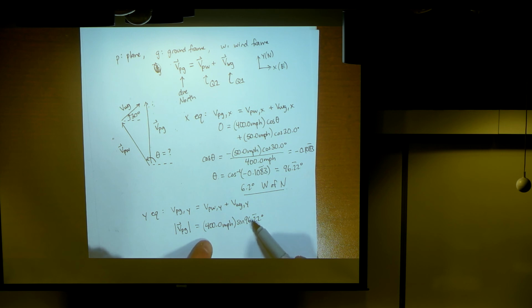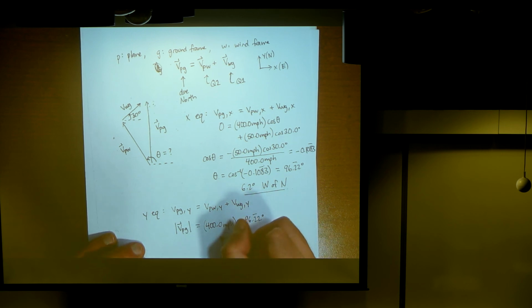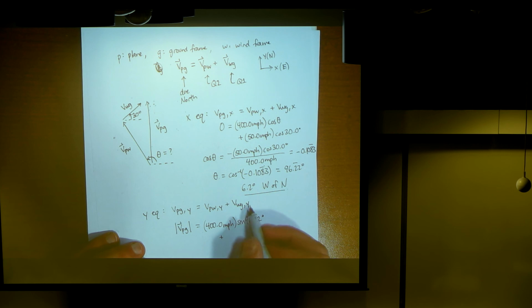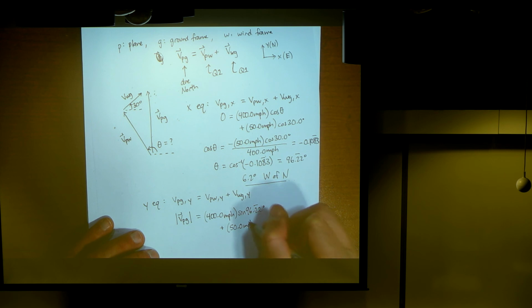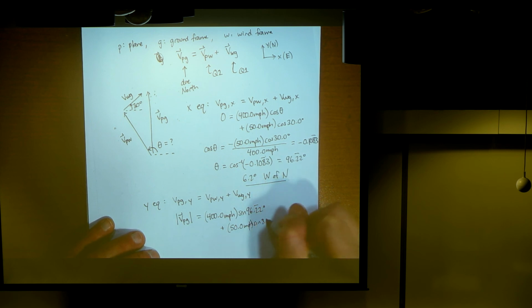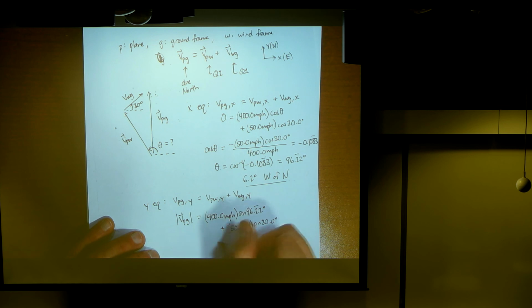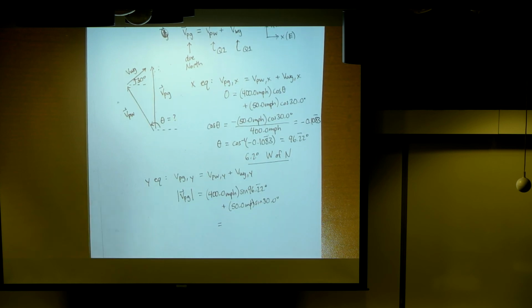Do we agree? And then, if I added to that the y component of the wind velocity, that would be 50 miles per hour, sine of 30 degrees. So can someone crunch that for me? Because this will actually give us the answer we want.